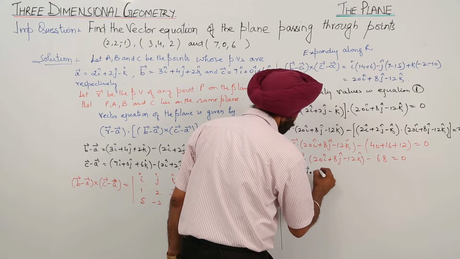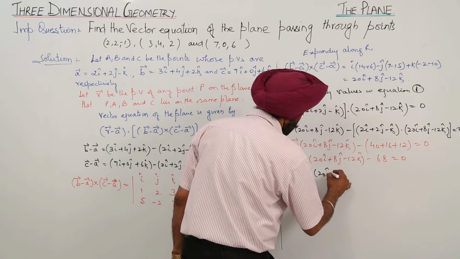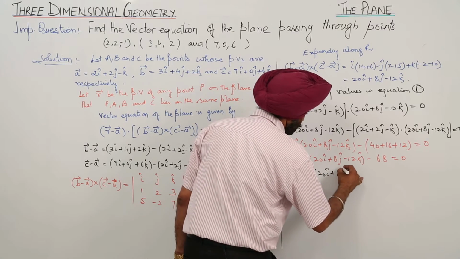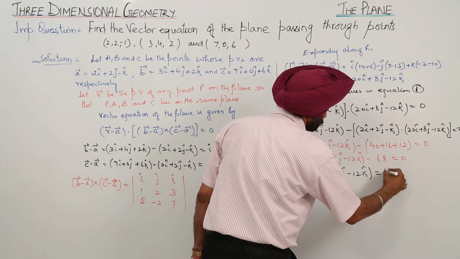Vector R dot 20 i cap plus 8 j cap minus 12 k cap is equal to 68.